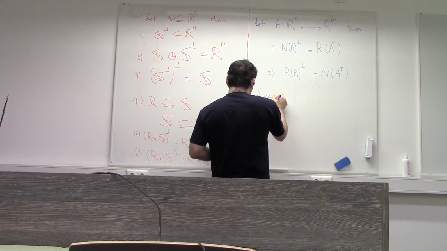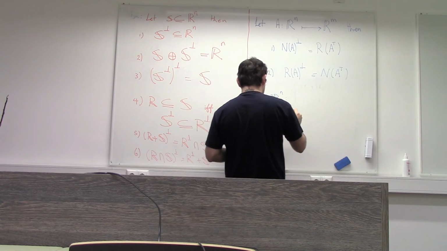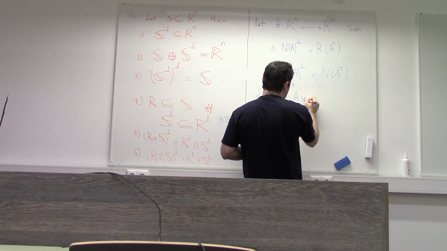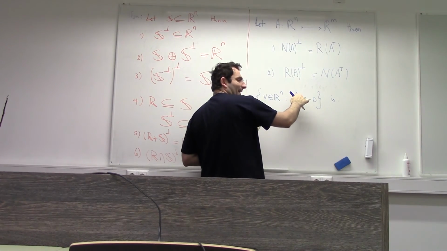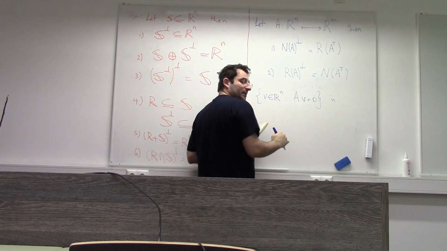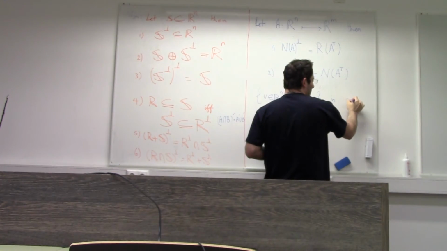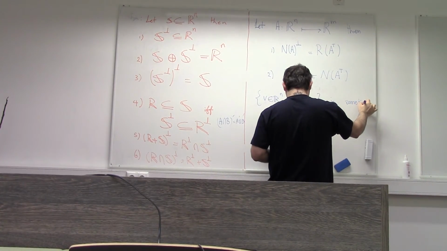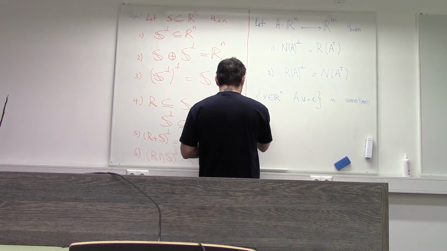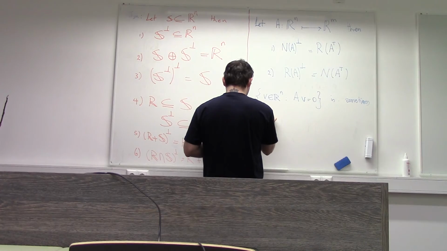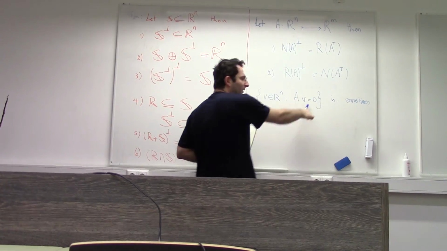V belongs to R and AV is equal to 0. Look, AV is equal to 0 is sometimes called... what do we call this one?